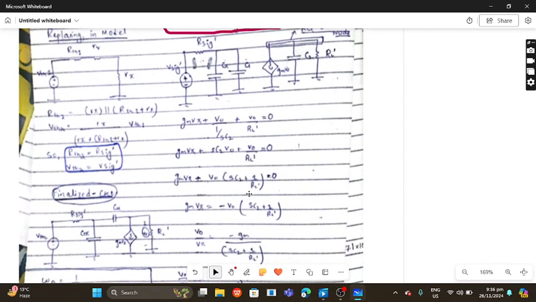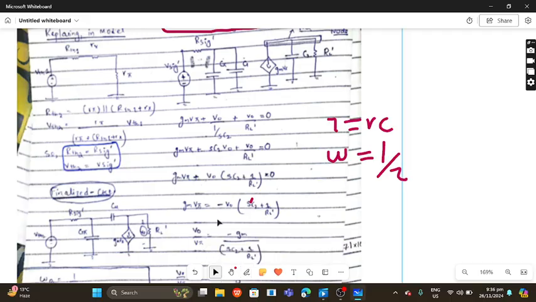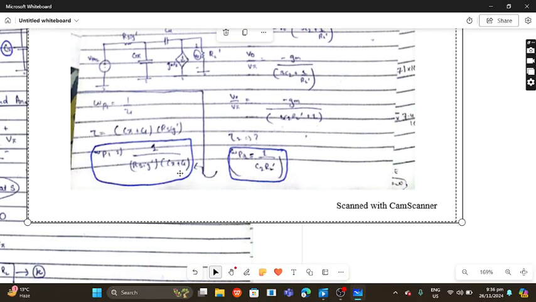So in order to find the pole, you have to do this. Omega is 1 by tau. Just simple, you have to do this to get your next pole frequency.